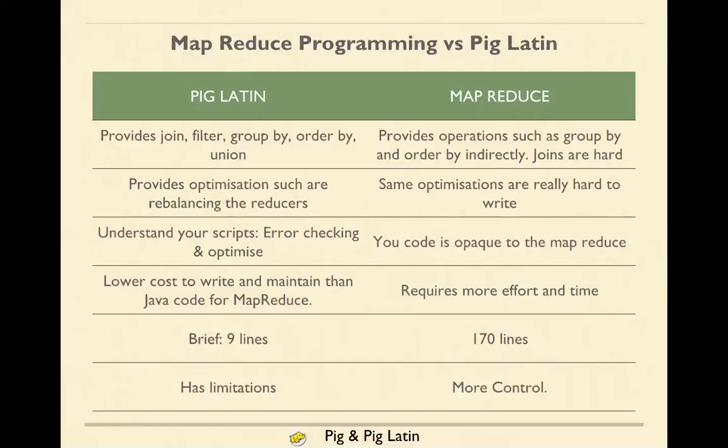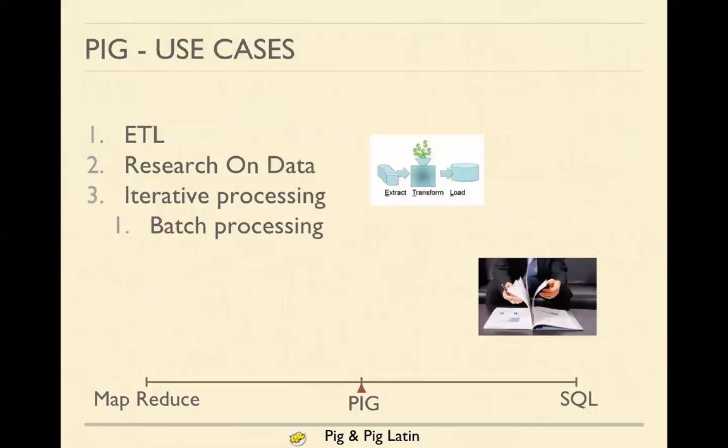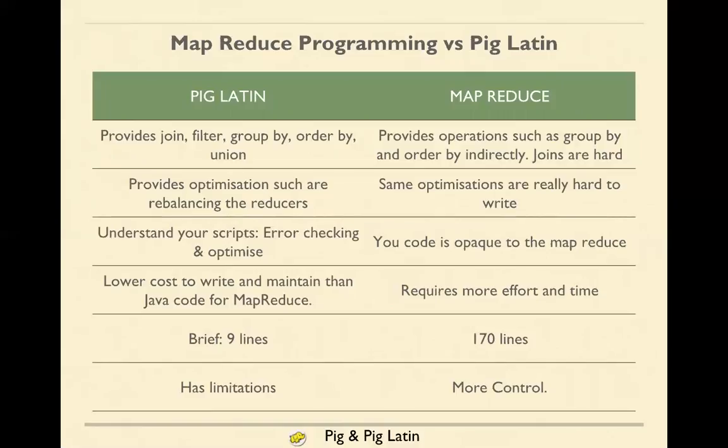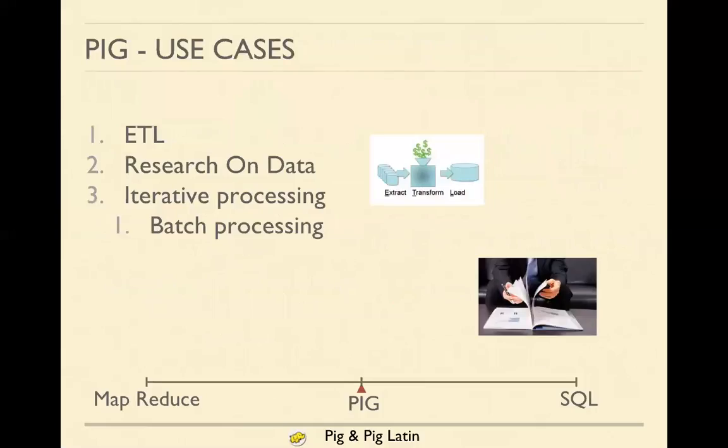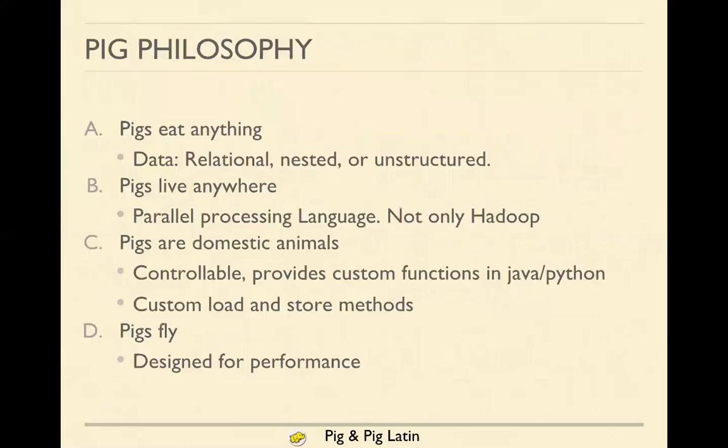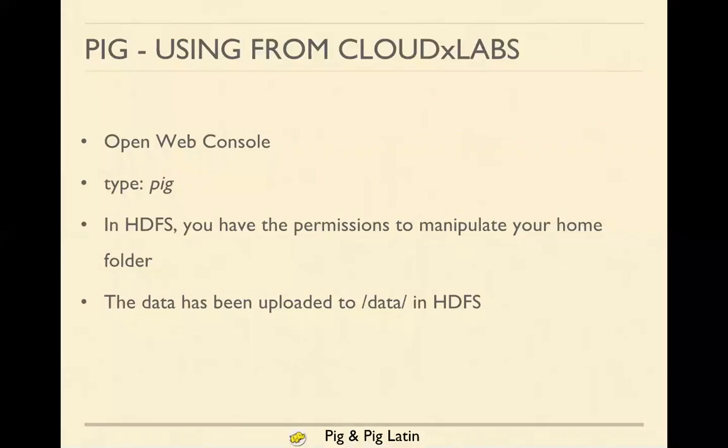Pig Latin is great for semi-structured or structured data, and MapReduce is great for doing anything, just that MapReduce is too much hard work. Pig Latin can be used for ETL, for researching data, and for iterative and batch processing. The philosophy of Pig is that it can handle all kinds of data and is built for parallelism.